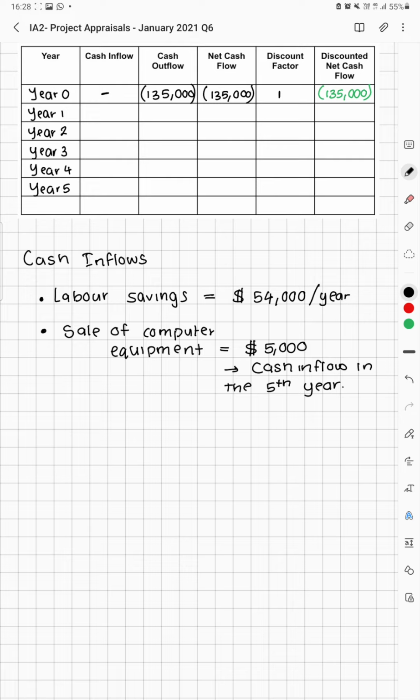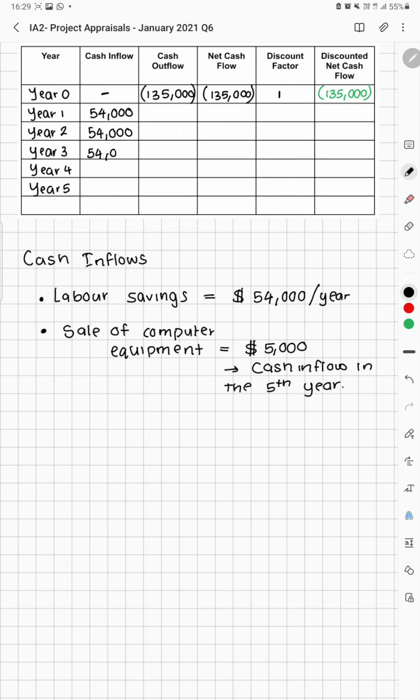Based on this, there are no other inflows, so that's pretty much our inflows. So in year 1, what will be our cash inflows? 54,000. Year 2 also 54,000, and up to year 4 it will be 54,000.